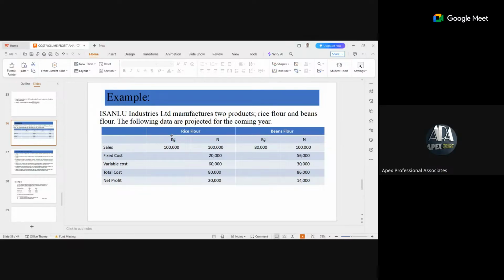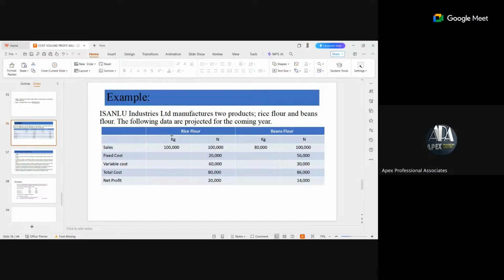the variables in the cells: rice flour in kg, in quantity, 100,000 kg. In terms of sales value in Naira, 100,000. The implication is, how much is 1 kg? You should know. 100 divided by 100 is 1. 1 times 100 kg will give you 100,000, and that is what you're seeing there.